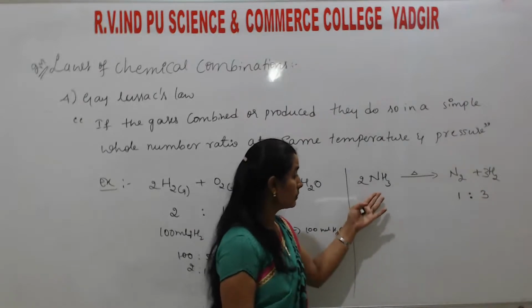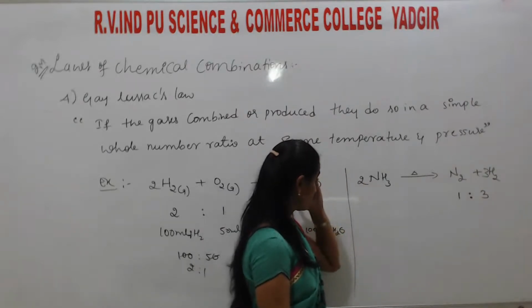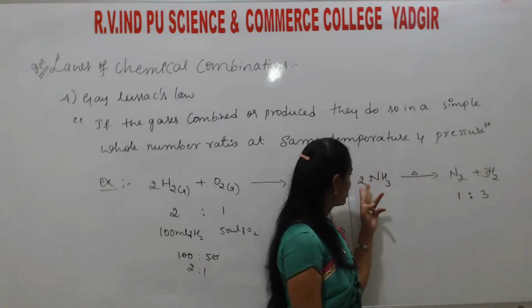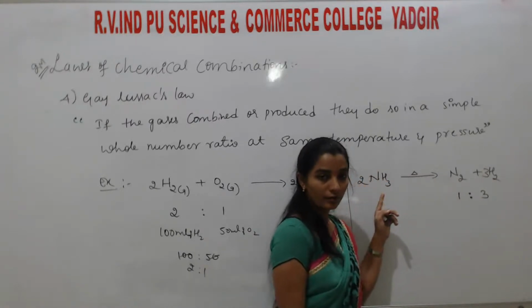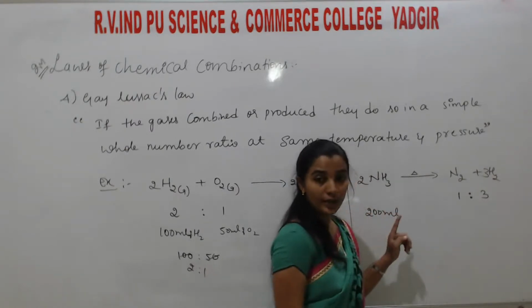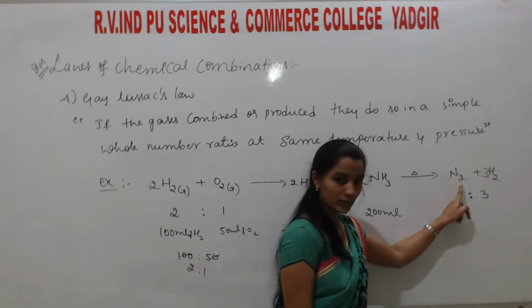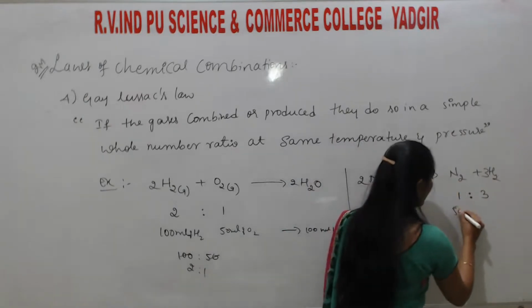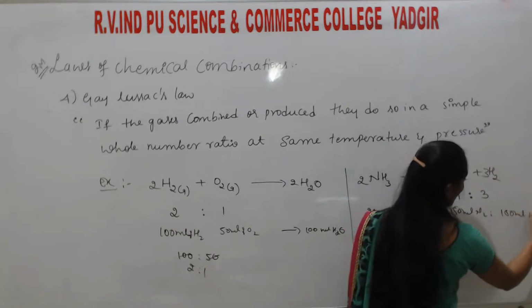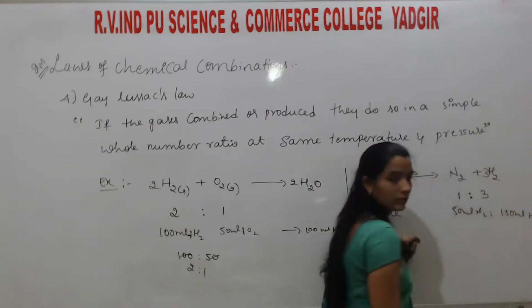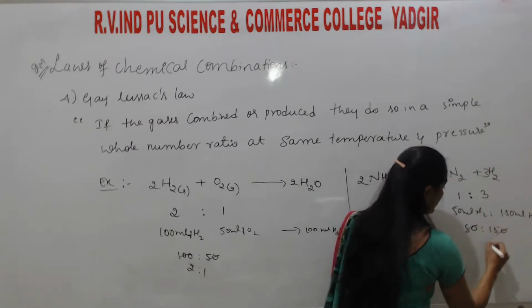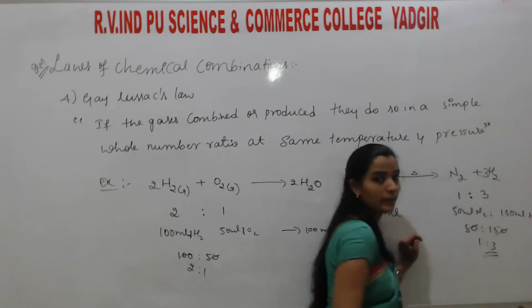Consider 200 ml of NH3 decomposes to give 50 ml of nitrogen and 150 ml of hydrogen. If you divide 50 is to 150, that is 1 is to 3.